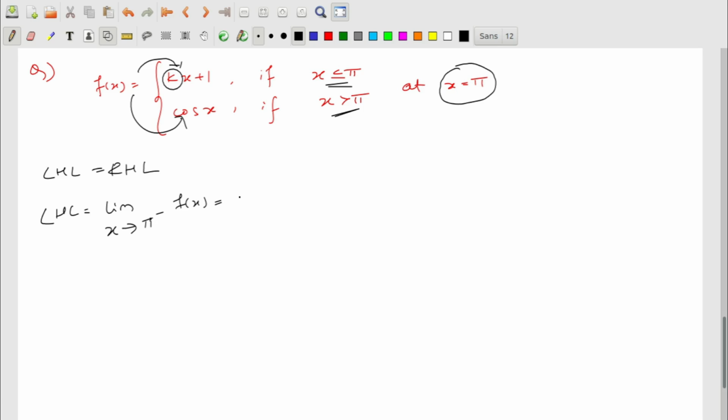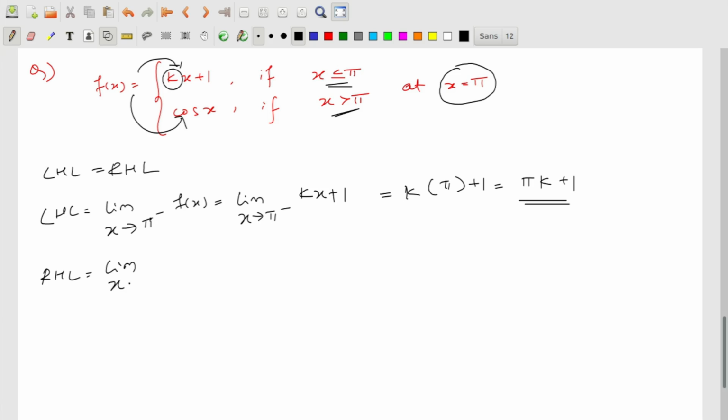Then what is the value of the function? If it is less than pi, then it is kx plus 1. Now you make the substitution. What we get here is k into pi plus 1, that is k pi plus 1. So this is my LHL, and you find the RHL.